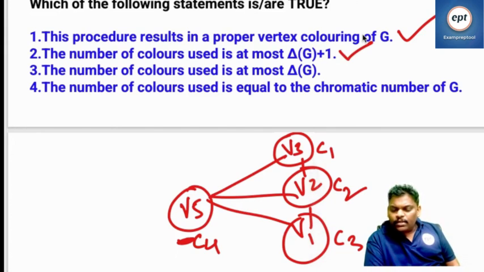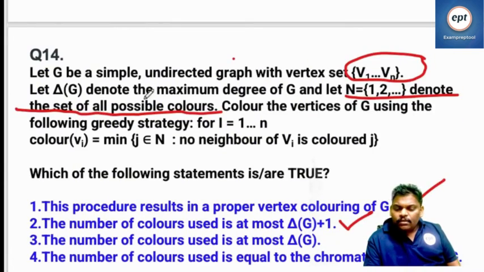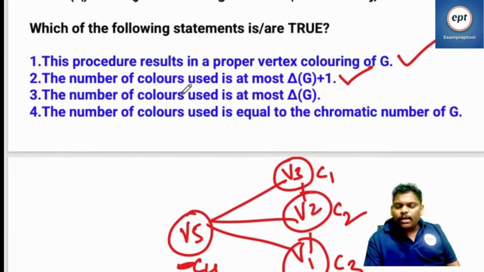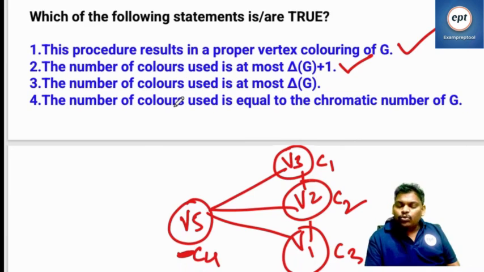What is delta G? It denotes the maximum degree of G. So he is saying the number of colors used is at most delta G plus 1. Next one: the number of colors used is at most delta G. No.